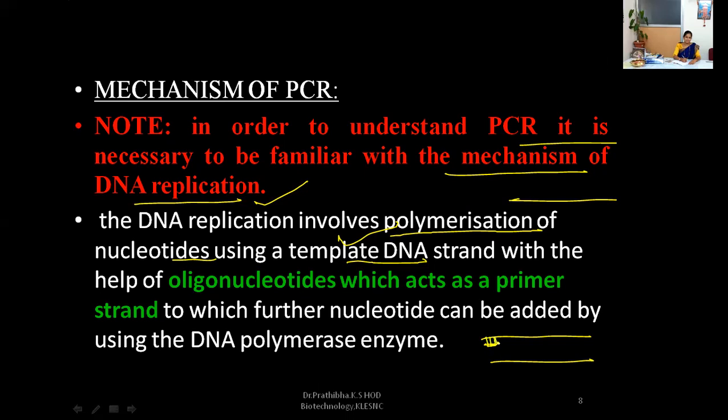Once the primers are ready, with the DNA polymerase enzyme, the ends will be synthesized by the DNA polymerase enzyme. These primers can also be known as oligonucleotides. These are the primers over here.